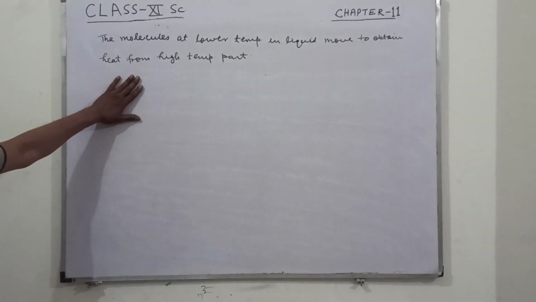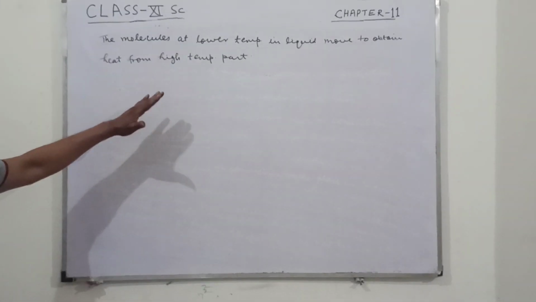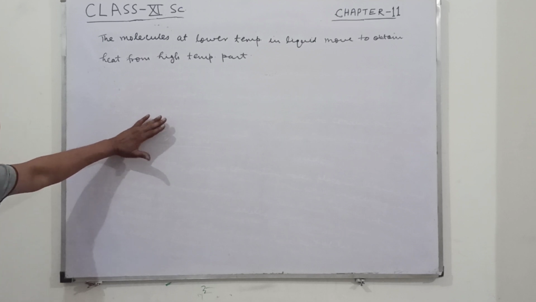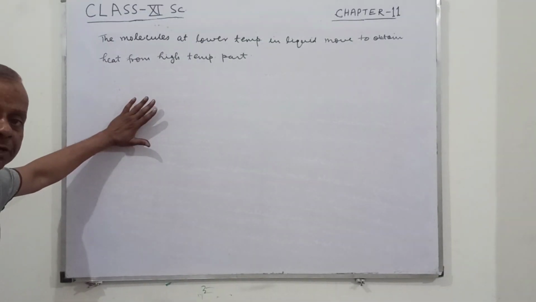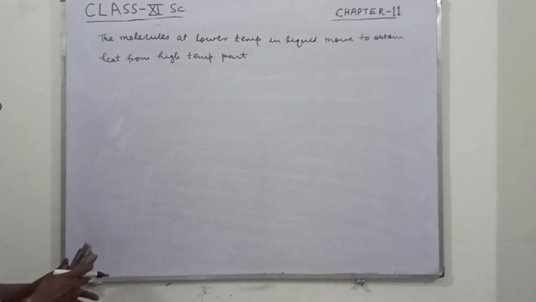So the molecules from the upper part move to the lower part and molecules of higher temperature move from the lower part to the upper part. So there is circulation of the molecules in the liquid.